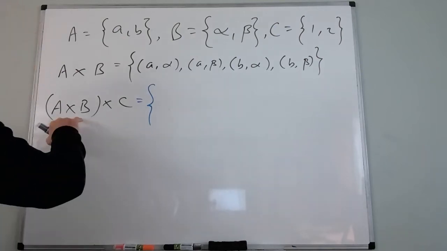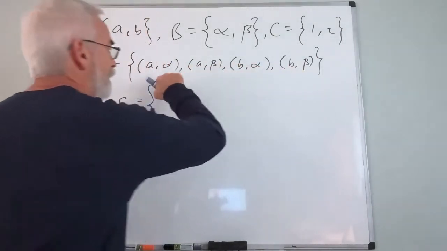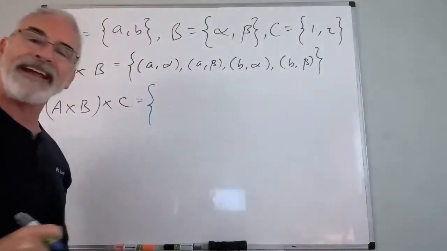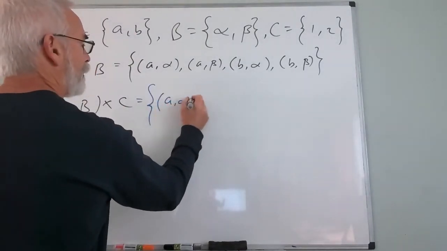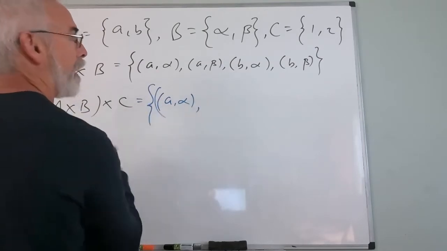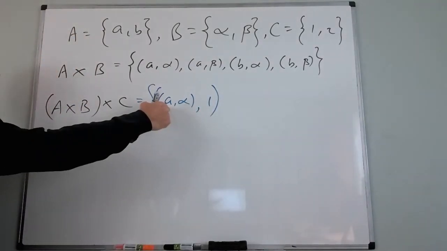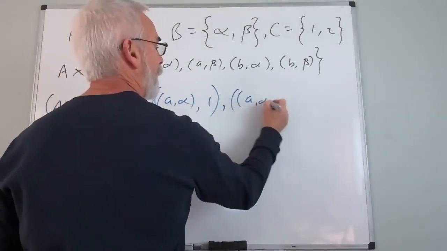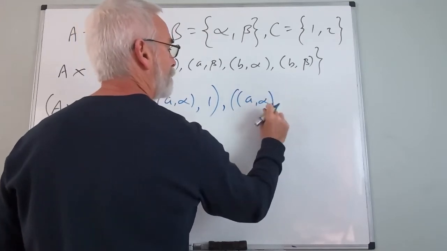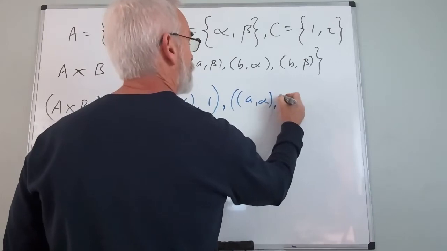My domain now comes from this set of ordered pairs. These 4 ordered pairs are my elements of the domain. So the first entry here would be ((a, alpha), 1). Oh my gosh. An ordered pair within that. ((a, alpha), 2).